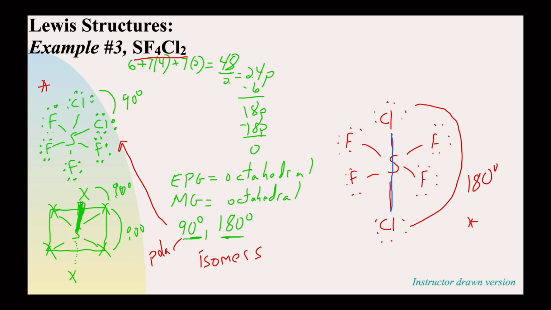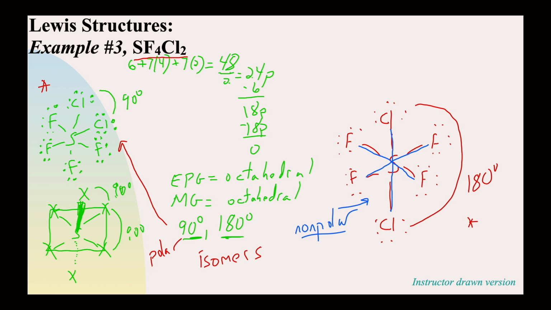The Cl's are 180 from each other, and even though I haven't drawn it very well, those F's are 180, and these F's are 180, so those are canceling each other out. The electronegativity pull of one fluorine is being canceled by the electronegativity pull of the opposite fluorine. And the chlorines over here are canceling each other out too. So this molecule with the 180 isomer is non-polar. And that can make a big difference when it comes to reactivity.